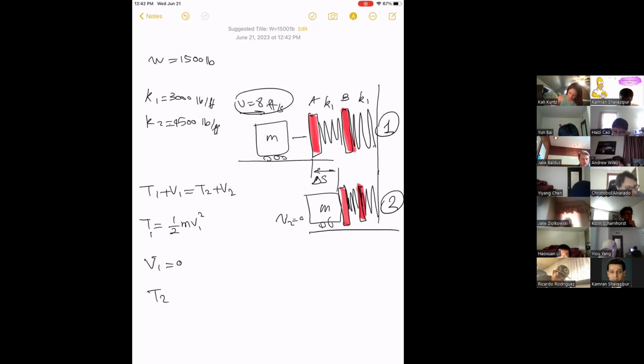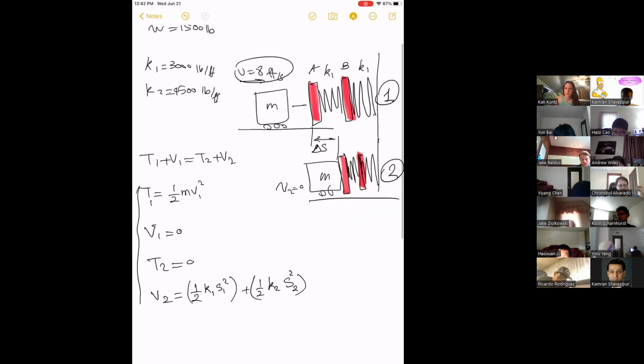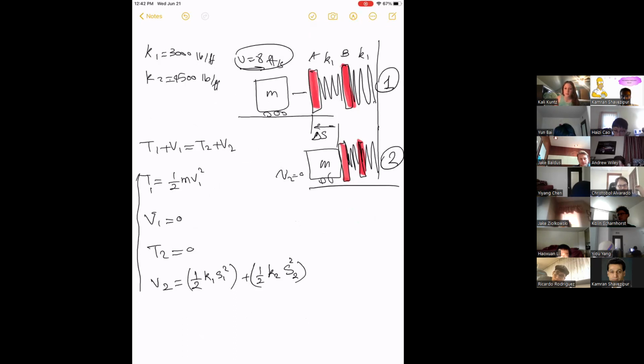T2 will be 0. And V2, you have two springs, half K1 S1 squared plus half K2 S2 squared. Right? These are the four values. Any question about this? Can you do this now? Just getting T1, V1, T2, V2, like that.